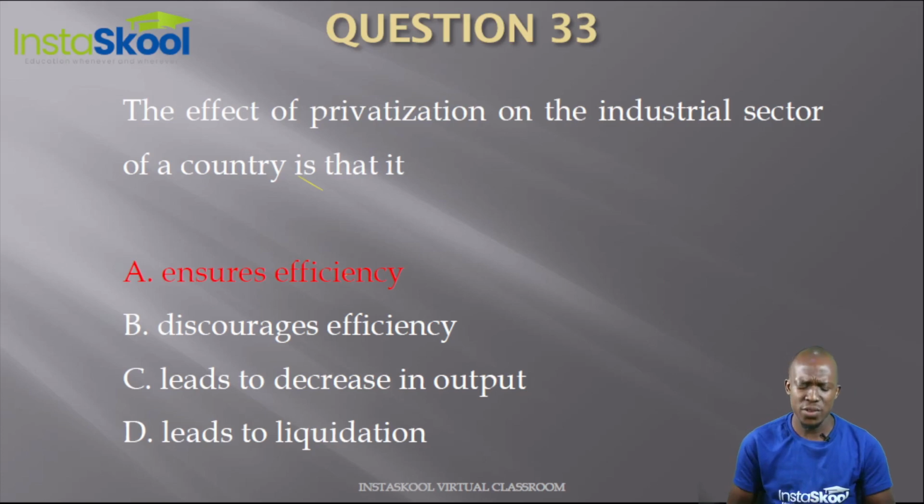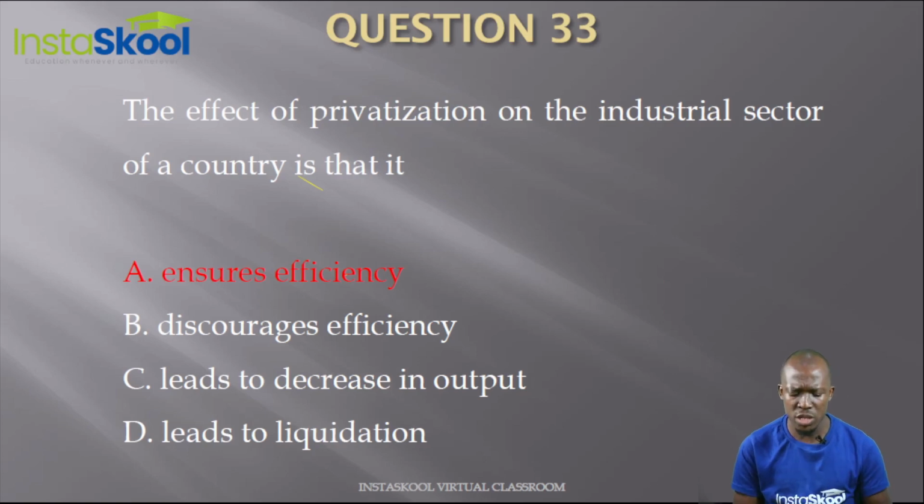What is the effect of this? Does it ensure efficiency? I believe so. Option B says it discourages efficiency. No. Private sector run organizations are more efficient than government run organizations. Option C says it leads to decrease in output. No, because it leads to more efficiency, there is more output.